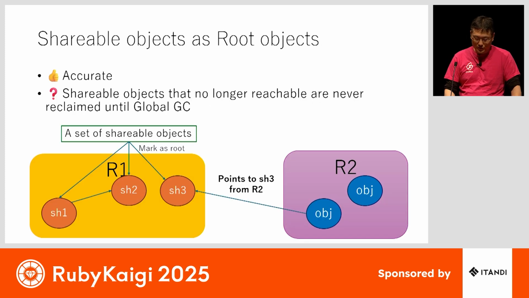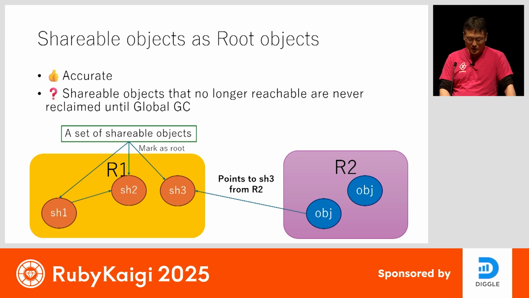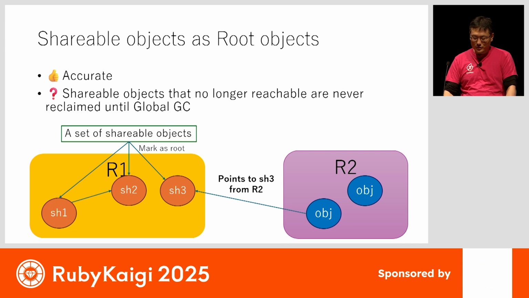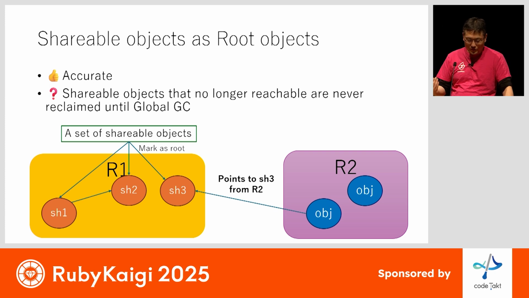This figure shows how we handle shareable objects for each Ractor. We maintain a set of shareable objects. During local garbage collection, we treat these as root objects and mark them as if they are always alive. This is accurate; we never miss live references, but there is a trade-off. If shareable objects are no longer reachable, they won't be collected until global GC happens.